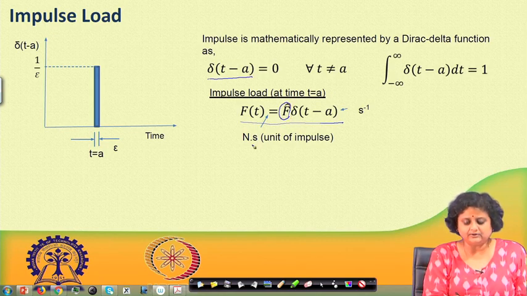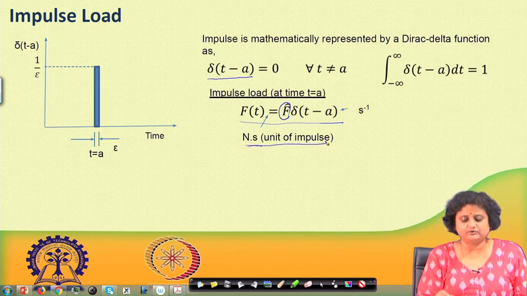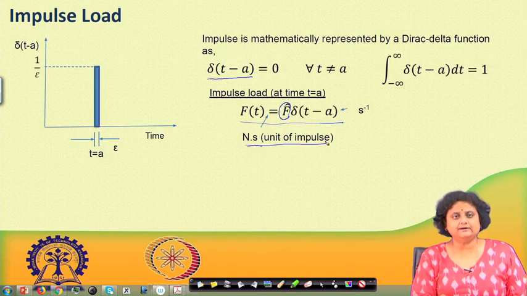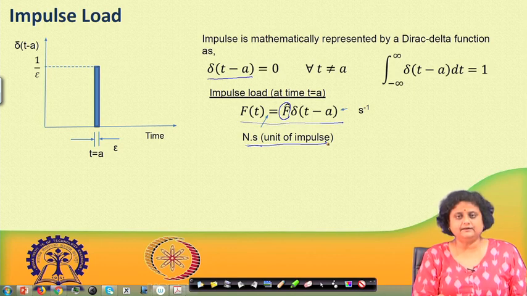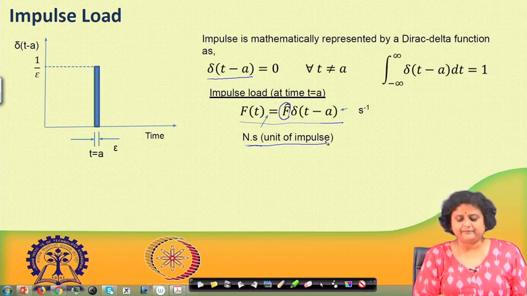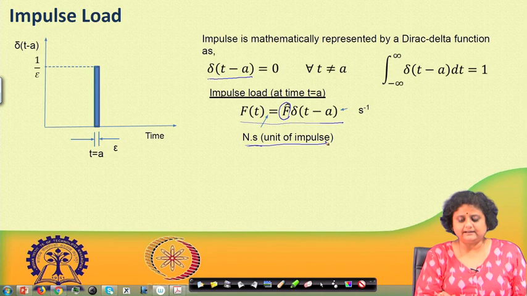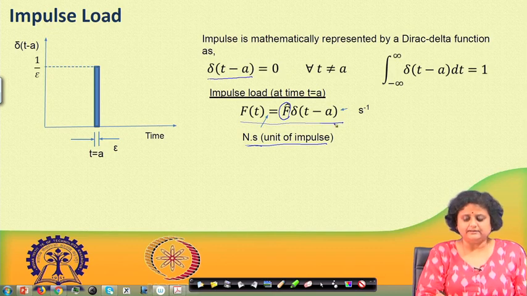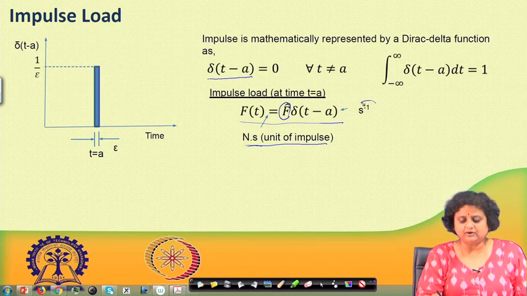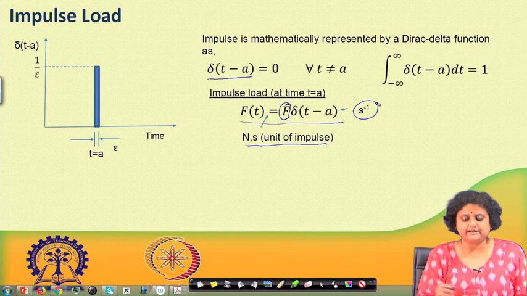It has a unit of Newton second. It is not essentially force, it is an impulse, which is a different parameter and has a unit of Newton second, and that is associated with the Dirac delta function at t equals a. The Dirac delta function has a unit of inverse of time, that is, second inverse.